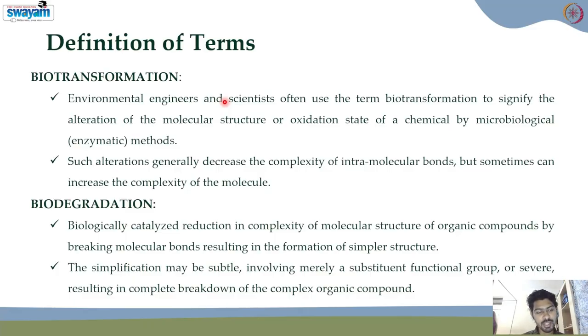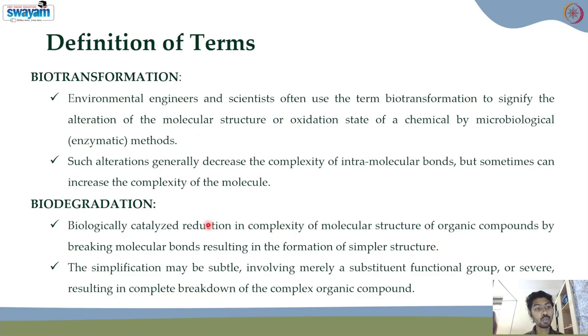First is biotransformation, where using the microorganism, we transform the chemical structure of one organic compound to another organic compound, mostly simple structures from complicated structures. Whereas in biodegradation, we degrade these compounds to simple and non-toxic form.